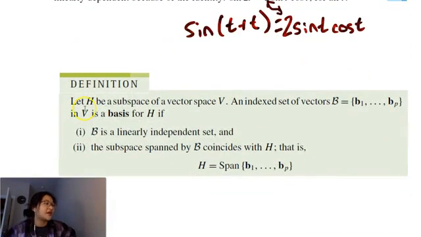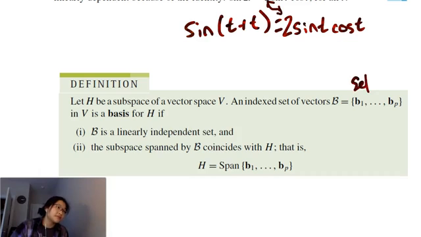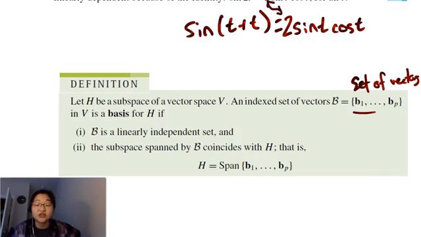So if we have H as a subspace of our vector space V, and we have an indexed set of vectors b1 to bp, then that set is going to be called a basis as long as it's linearly independent. So each of these is giving us new information, a new direction that we can go. And the subspace that we're spanning by our set of vectors is exactly the subspace H.